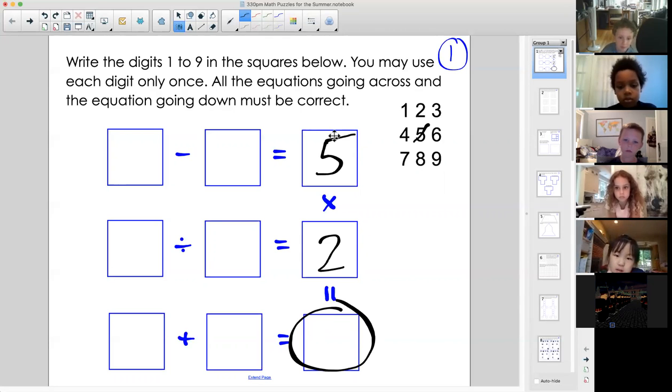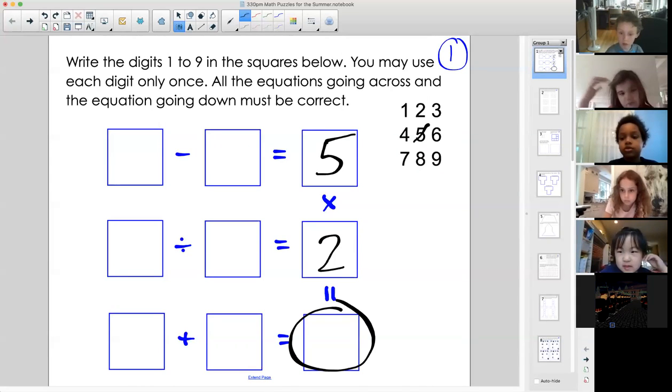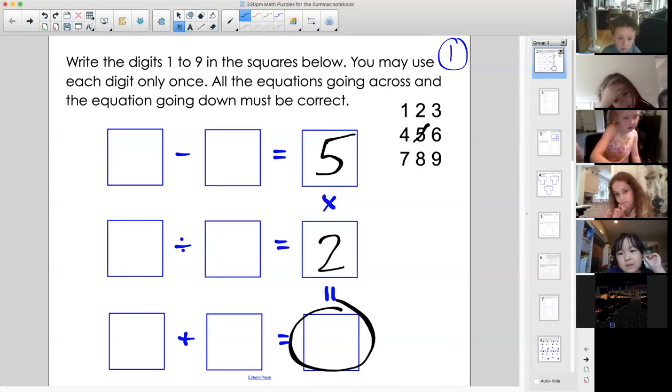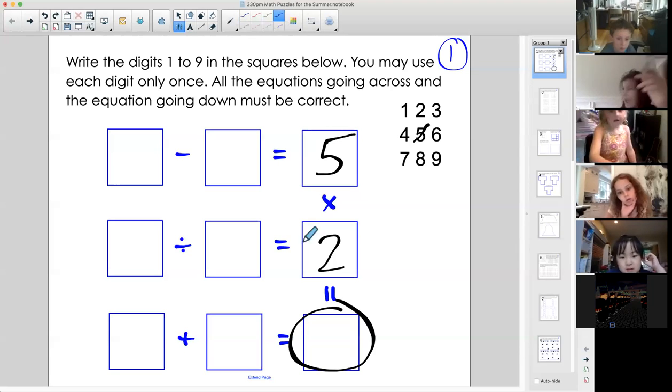Who can tell me what is 5 times 2? When you hold up your 2 hands, everybody say it on 3. Make sure you unmute yourself. 1, 2, 3, go. 10. It is 10.